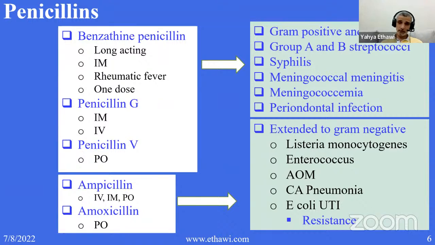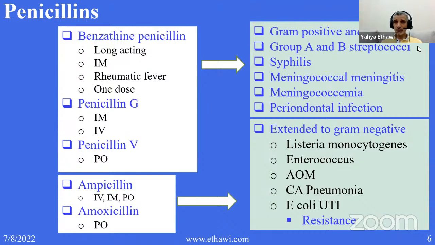Ampicillin is given IV, IM, and oral, and amoxicillin are broad-spectrum antibiotics. They cannot be used as specific antibiotics. They can be used for non-serious bacterial infection, but when we use them for serious bacterial infection, we usually use them in combination with other antibiotics.